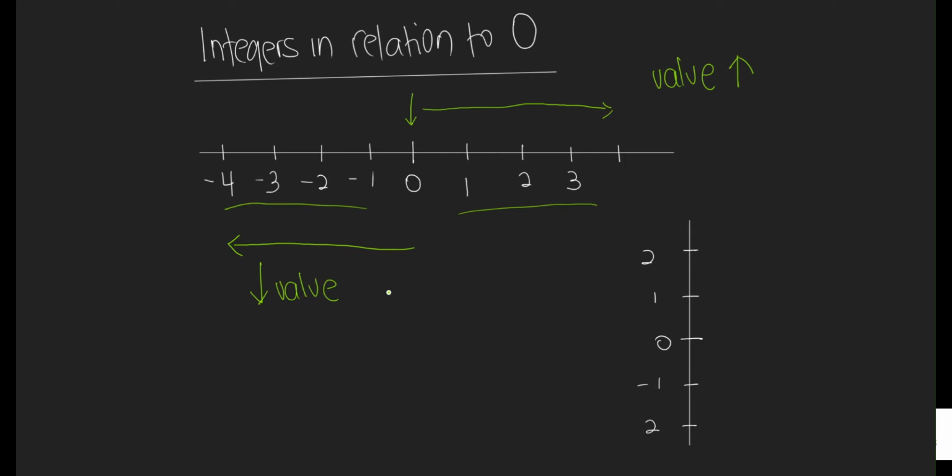Obviously the person owing $4. Here, in terms of the number, the digit is getting bigger, but the value is getting smaller. Do you understand? So please make sure that you understand this very correctly. The further it moves away from 0 in the negative direction, the smaller the value becomes. And the further it moves away from 0 in the positive direction, the bigger the value becomes.